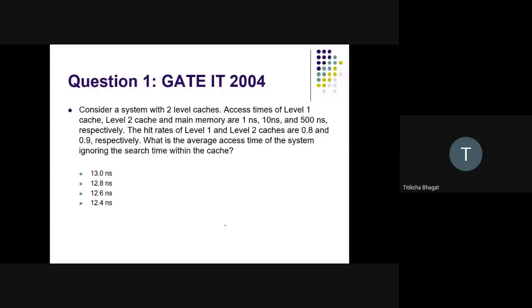Consider a system with two level caches. Access times of level 1 cache, level 2 cache and main memory are 1 nanosecond, 10 nanoseconds and 500 nanoseconds respectively. The hit rates of level 1 and level 2 caches are 0.8 and 0.9 respectively. What is the average access time of the system ignoring the search time within the cache? So what is asked here? The question is asking for average access time.